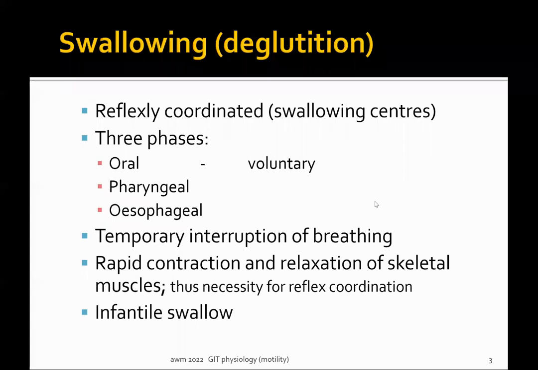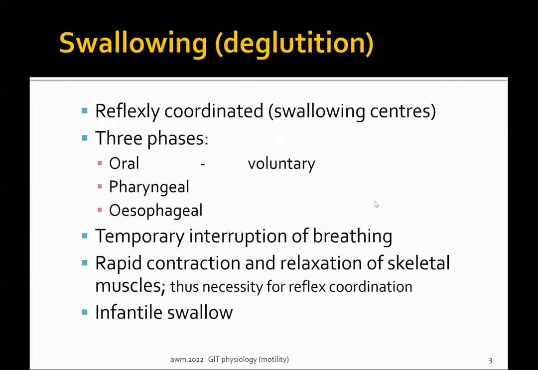The trachea, remember, has got cartilaginous rings, so it is patent. The esophagus is normally squashed. It's not usually open until the bolus is going to go in. And then once the bolus passes through the top of the esophagus, it collapses again.